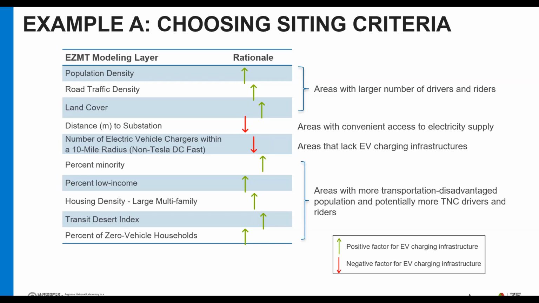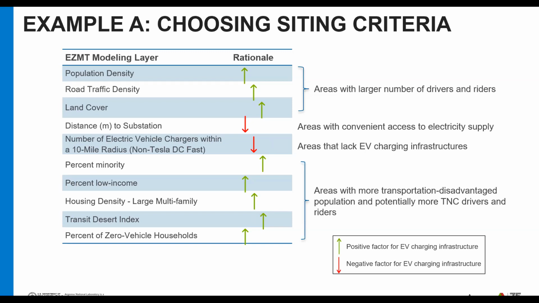Same with the number of existing EV chargers within a 10-mile radius. We want to put chargers in areas that already lack EV charging infrastructure. So this one also has an arrow pointing downward. And after that, there are five equity-related modeling layers. Some of them are related to the demographics of the residents living in the area, and some others are related to the transportation options, whether there is transit and whether people living here have vehicles of their own.